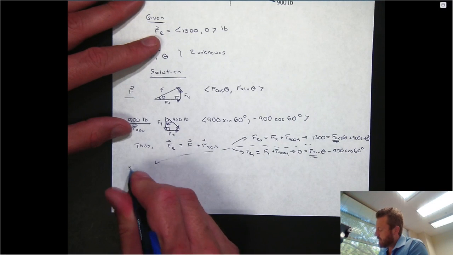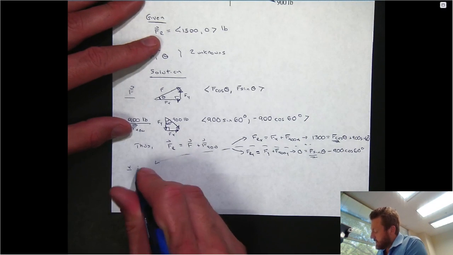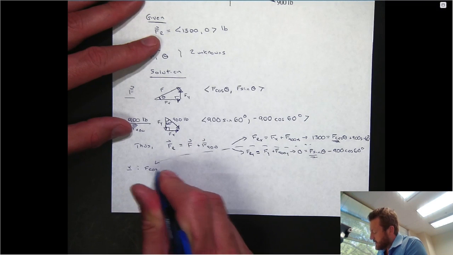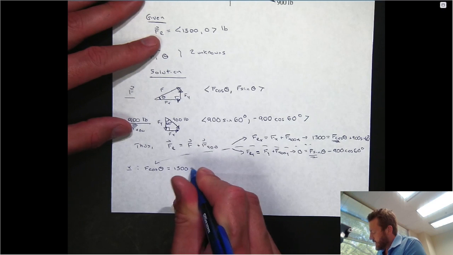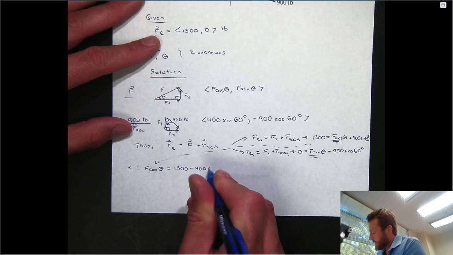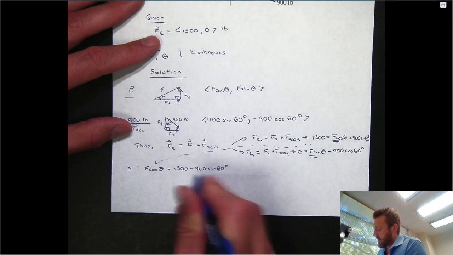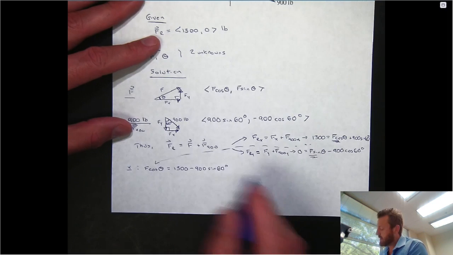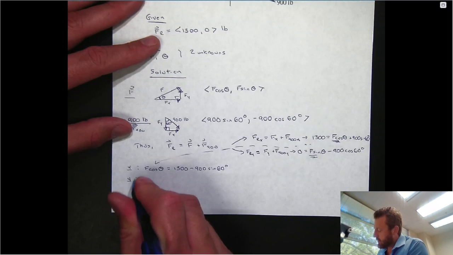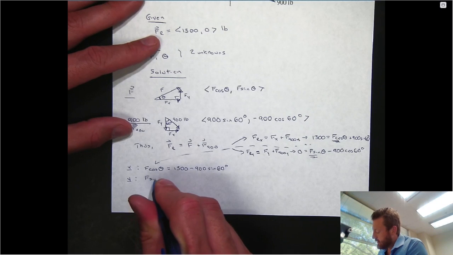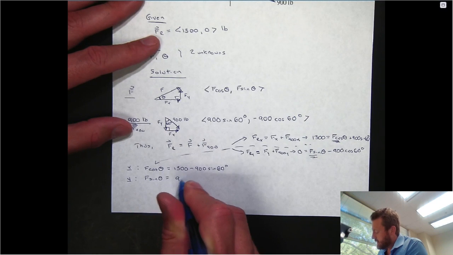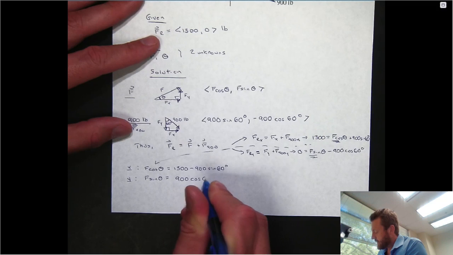So from the x equation, F cos theta equals 1300 minus 900 sine 60. I know this is just a number. I would have to compute it, but it is just a number. And from the y components, F sine theta equals 900 cos 60.